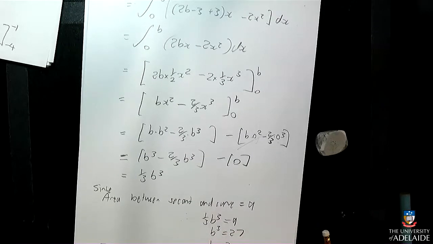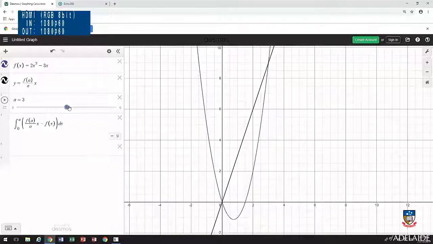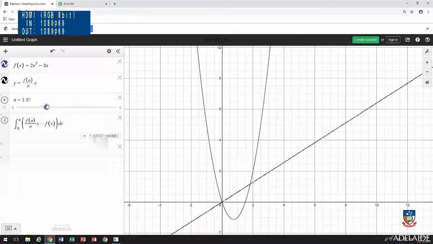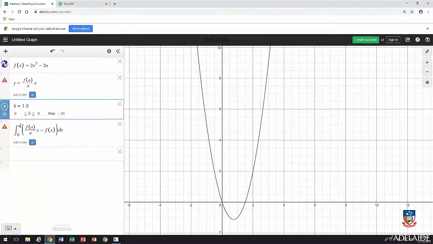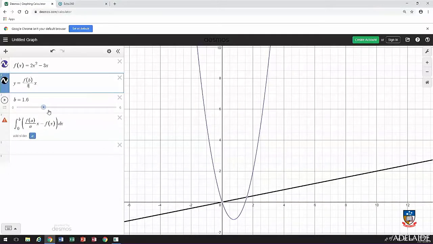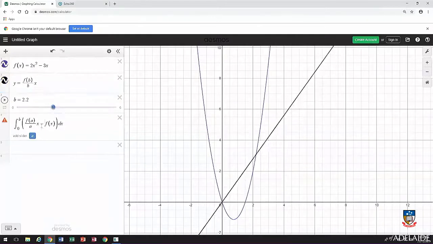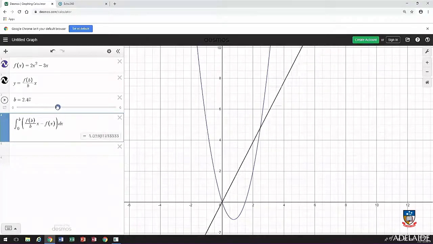And just so that you can see how this works, this is the setup, and that's my line, and I've just done this integral, and I'll just call this b. And as I change the value of b, this answer changes.